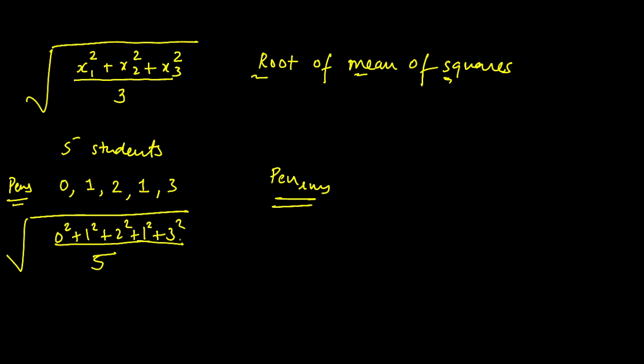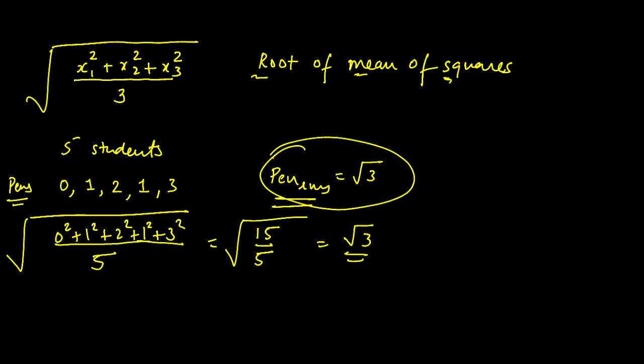Hopefully everyone understood that. In this case, it is 0 plus 1 plus 4, 5, plus 1, 6, plus 9, 15, and then divided by 5. So this is root 3. So pen RMS equals root 3. Did you understand?